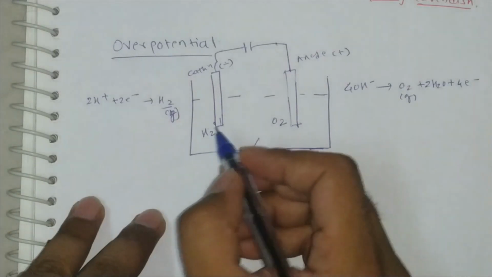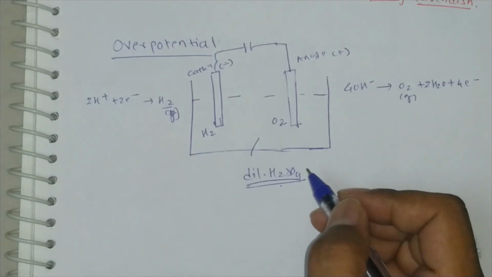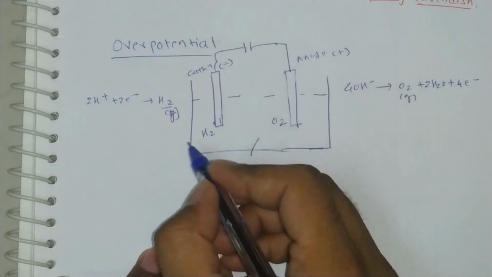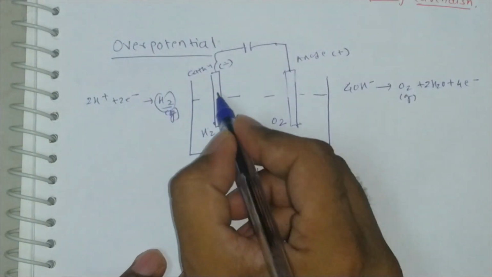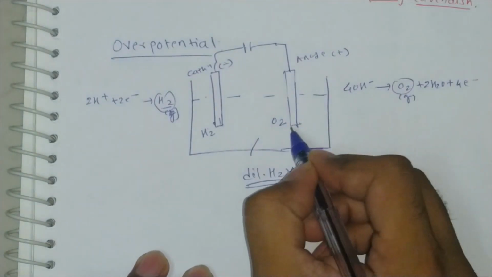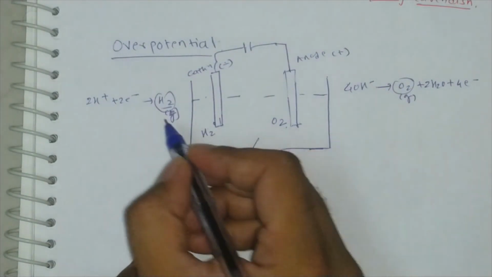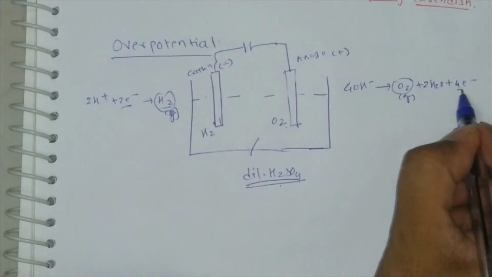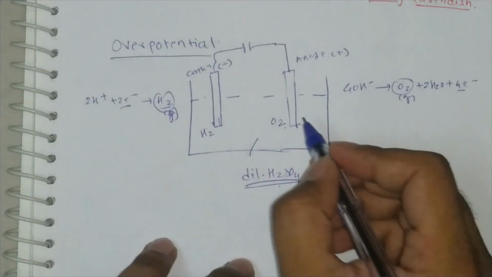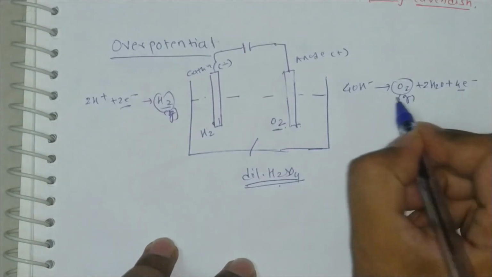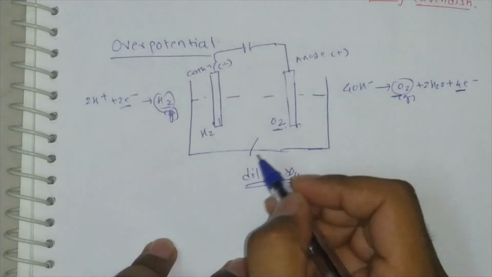Now during this process of oxidation and reduction, what happens? When hydrogen is formed at cathode and when oxygen is formed at anode, electrons are either accepted or released. So at anode, when oxygen is formed, electron is given.